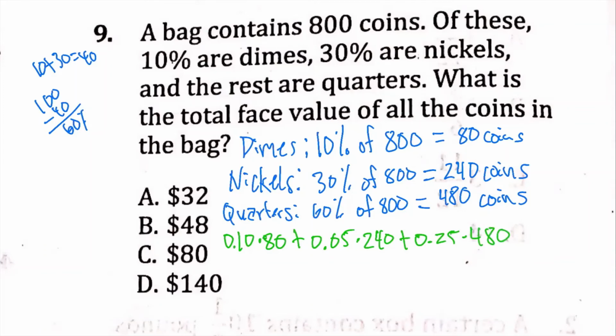So now 0.1 times 80 is $8. 8 plus 0.05 times 240 is $12, plus 0.25 times 480.